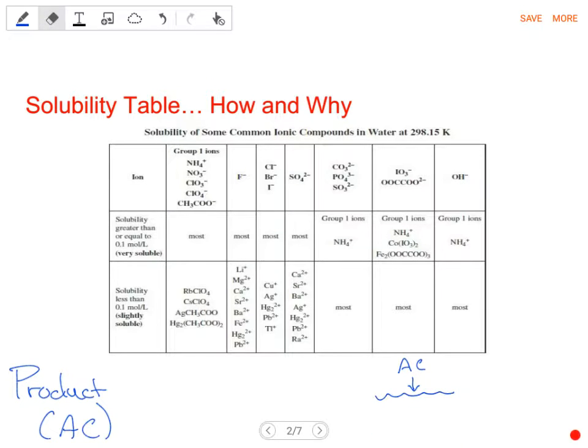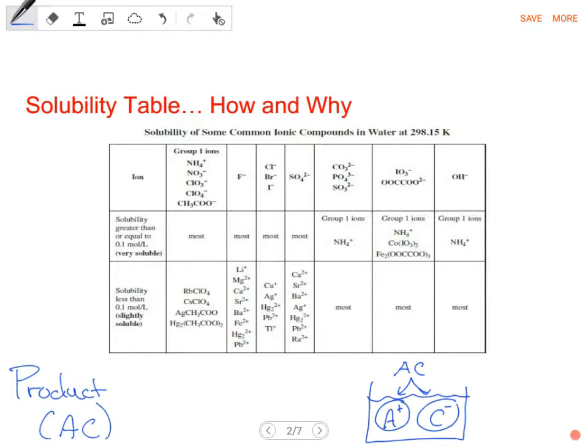The alternative is sometimes we're going to take AC, dump it into the water, and it's actually going to dissociate or break up into its ions. So it would be a positive A plus and a negative C minus.